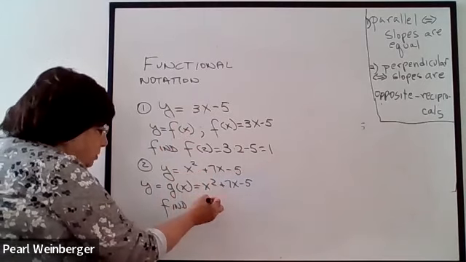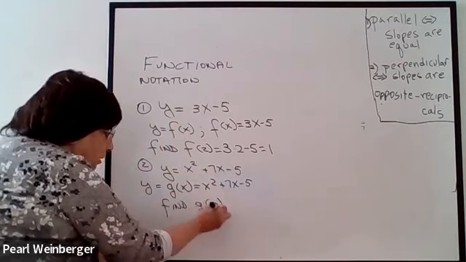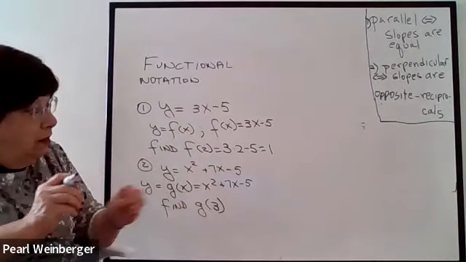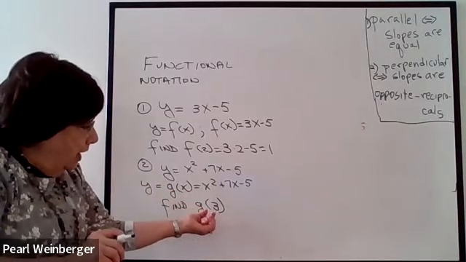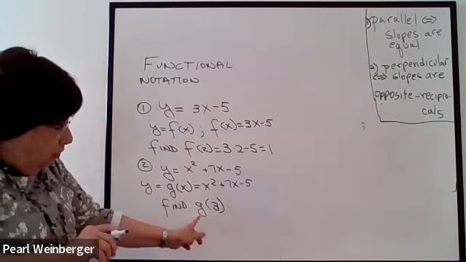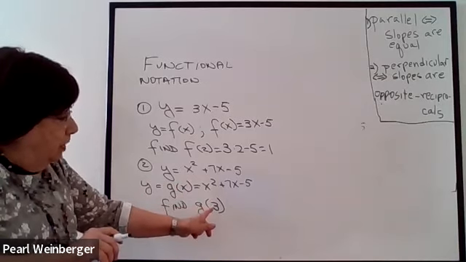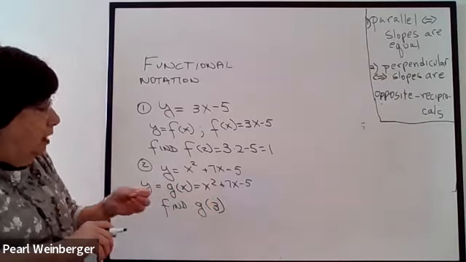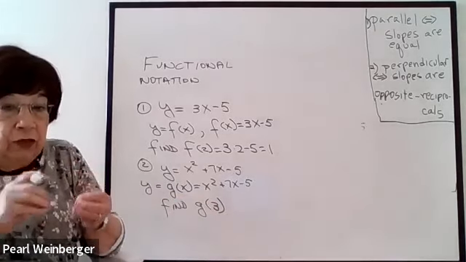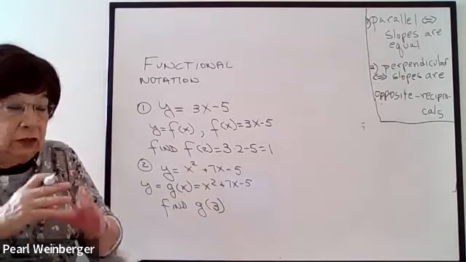I think before we did g of 3, so let's do find g of 3. What does find g of 3 mean? Take your x in your equation, in your g equation, because that's what we're looking at, and replace your x with 3. Remember, g of 3 means the y value when the x is 3.